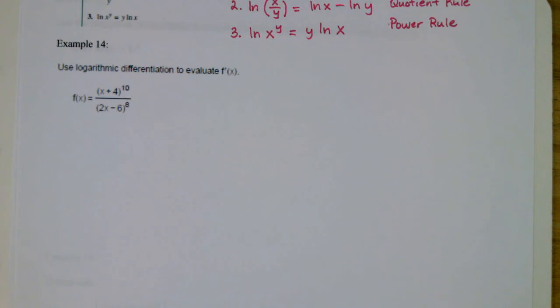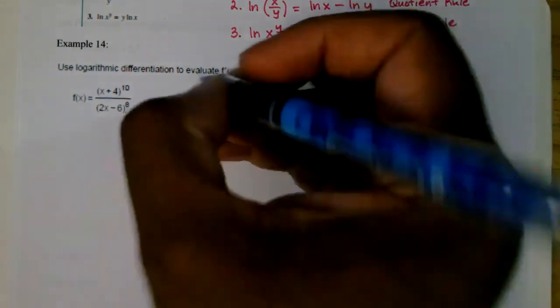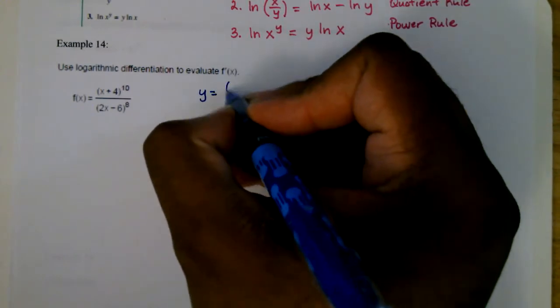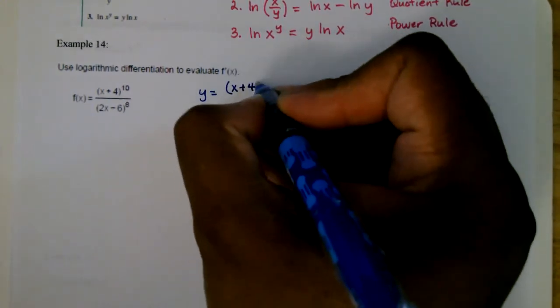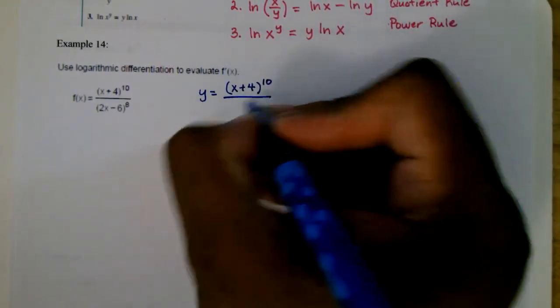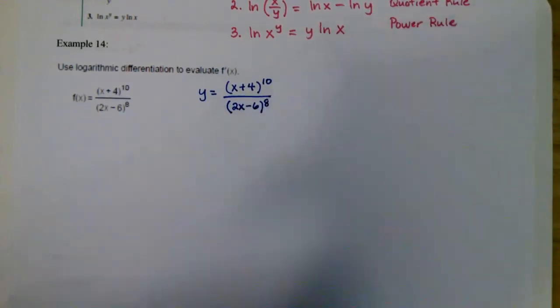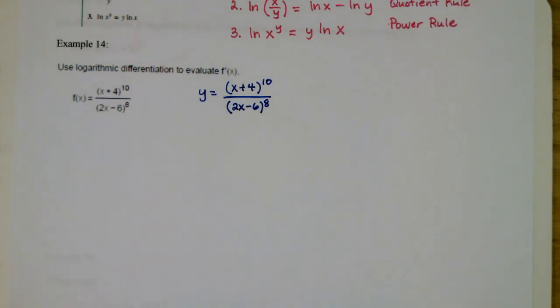All right, so the first thing I'm going to do here, use a different pen. So in this case, I'm going to write this as y is equal to the quantity x plus 4 raised to the 10th divided by the quantity 2x minus 6 raised to the 8th. This is where I'm going to apply logarithmic differentiation.